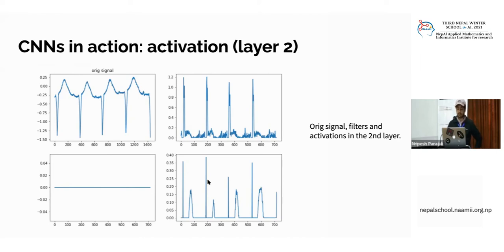Here again, this is interesting. It is a combination of a response to this sort of flipped signal and also this not flipped peak. So it has both the negative peaks here, and it has also the positive peaks in this positive direction, right? So this is quite interesting.